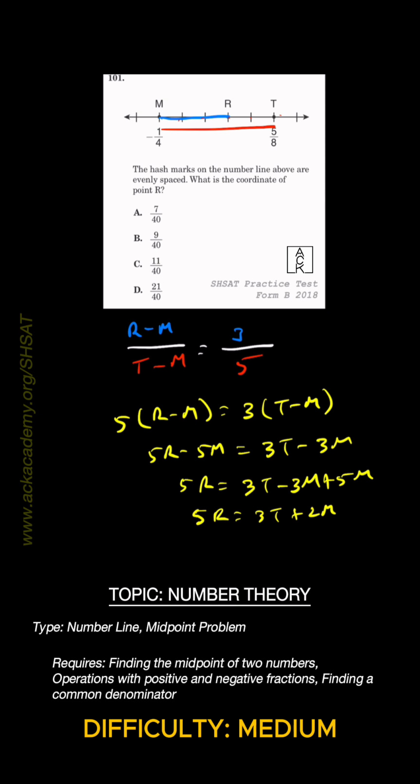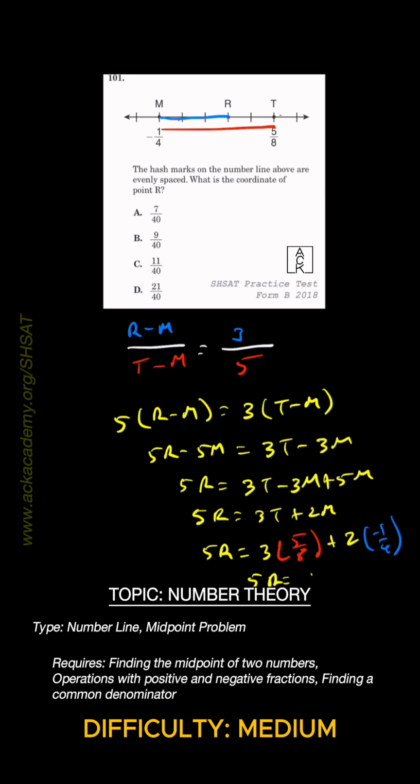3T divided by 5. So before we do that, I would think it would be best to plug in the value of T, since we know that. So 3 times 5 over 8 plus 2 times negative 1 over 4 equals 15 over 8.